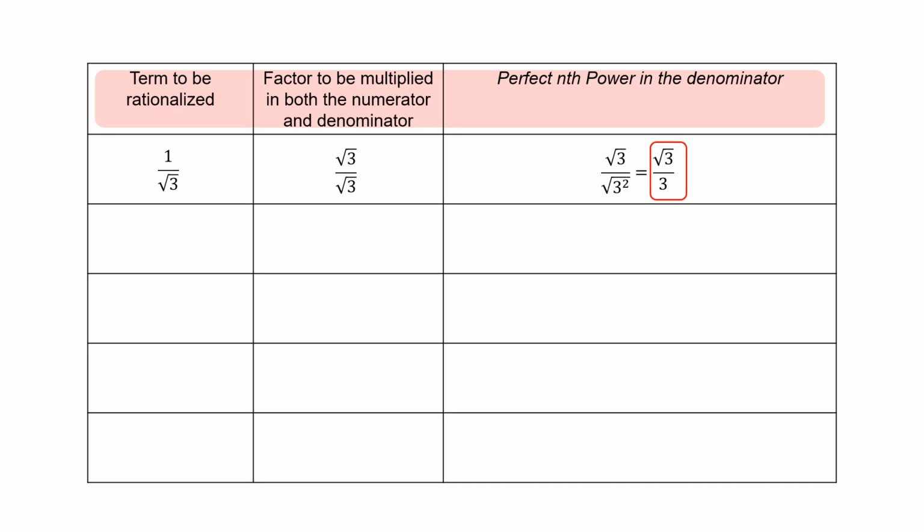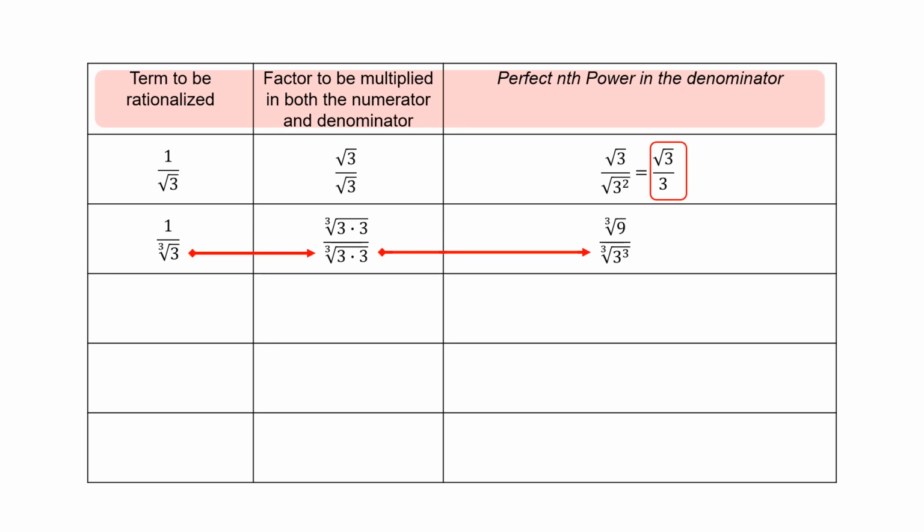Isa pang example. We have 1 over the cube root of 3. Pansinin nyo yung pattern, ha? So, in this term, imumultiply natin ang numerator at denominator dito sa factors na ito. So, we have sa numerator, 1 times the cube root of 3 times 3, which is equal to the cube root of 9.